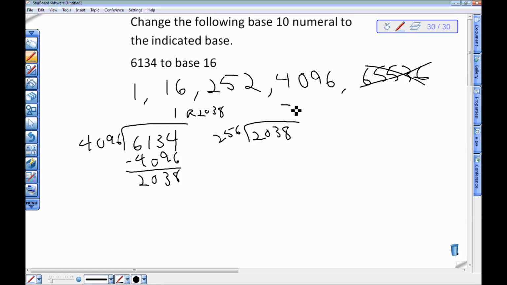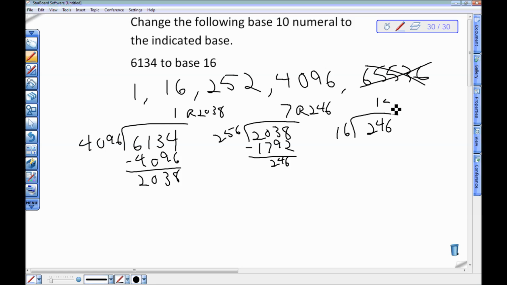My calculator tells me that goes in there 7, almost 8 times. 7 times 256 is 1,792. Subtracting 2,038 minus 1,792 gives me a remainder of 246. I take that 246 and divide it by my next smallest place value, which is 16.